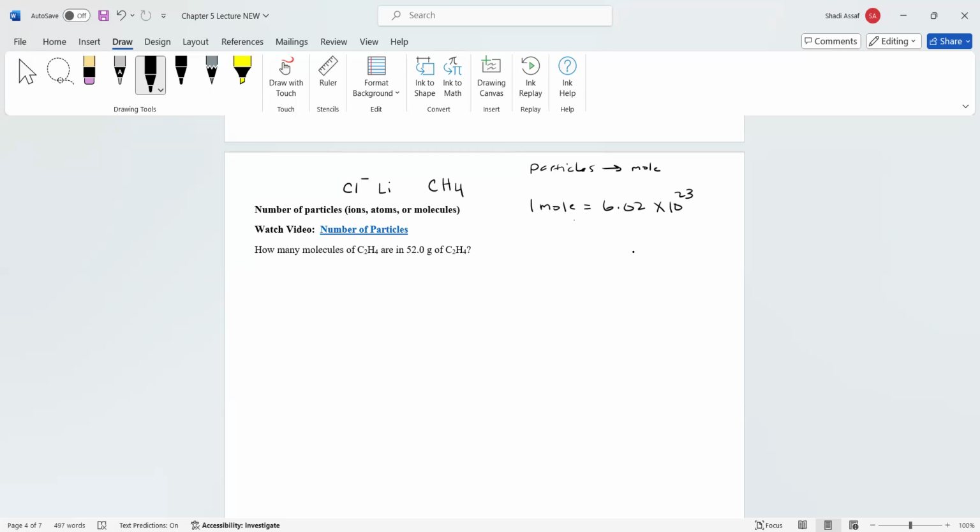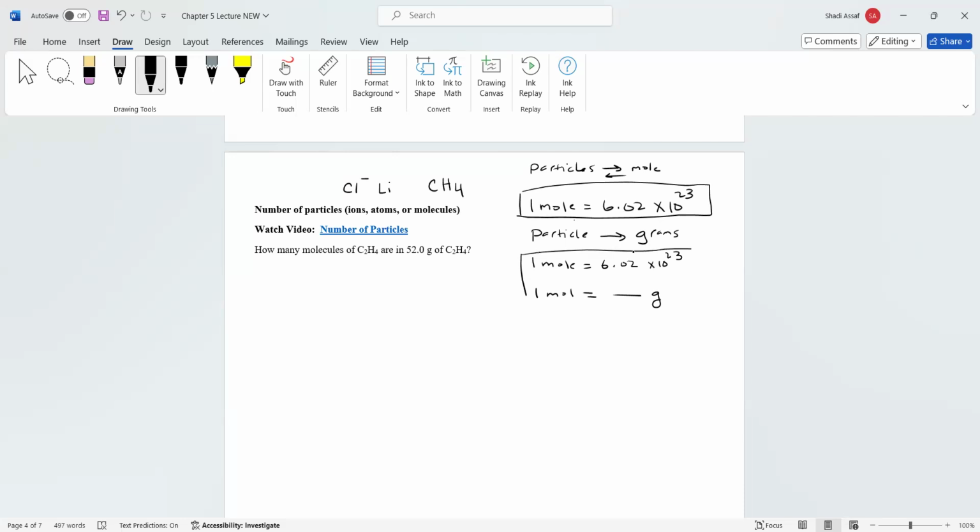However, if you need to go from particles to grams, or the other way around, then you need Avogadro's number and the molar mass, which is 1 mole equal to whatever the molar mass is from the periodic table. So here you need one conversion factor, and here you need two.